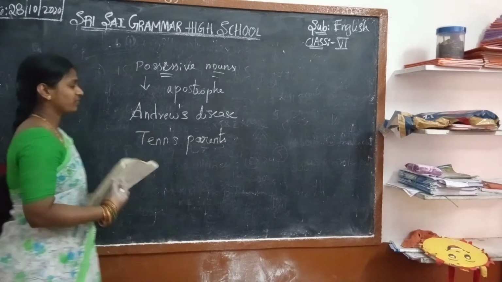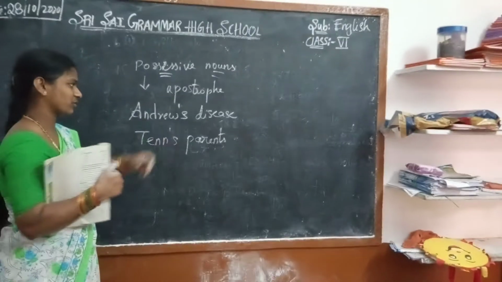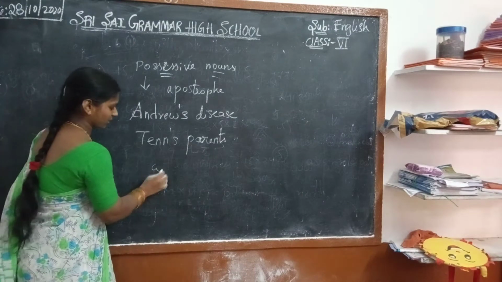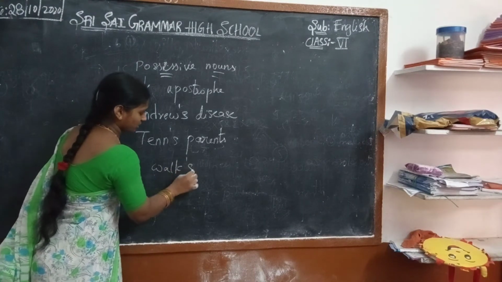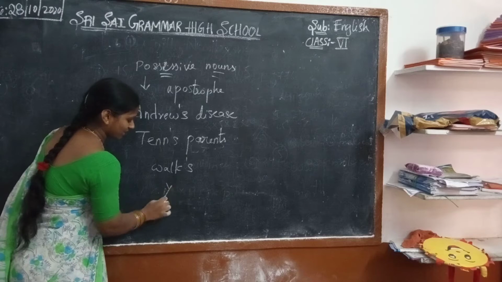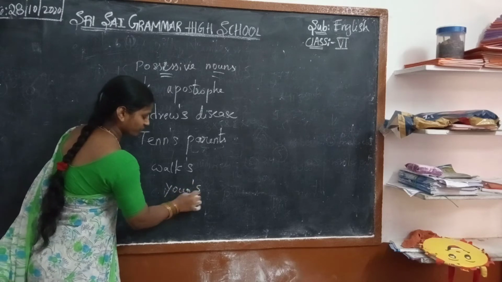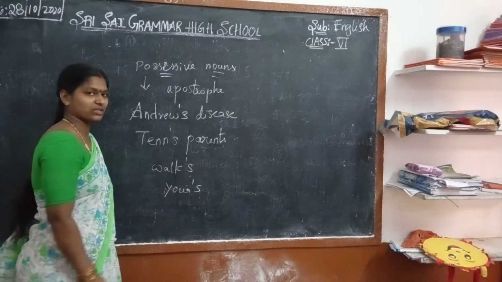Now, where we are using an apostrophe, like work's and also year's. Like this we are using it in the terms of nouns.